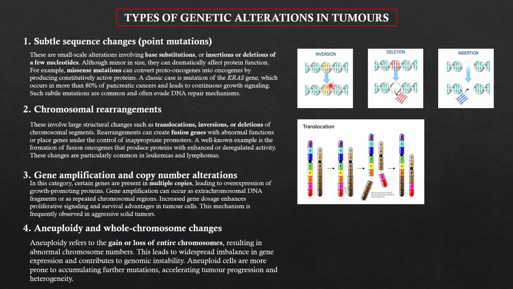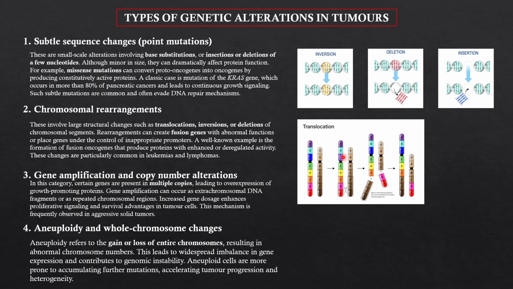Here you can see the images of inversion, deletion, and insertion. In inversion, the nucleotide sequence is inverted. So AGCC is followed by TCGG, and vice versa. Deletion means the complete removal of certain nucleotides from the DNA, and insertion means some new nucleotides are inserted.